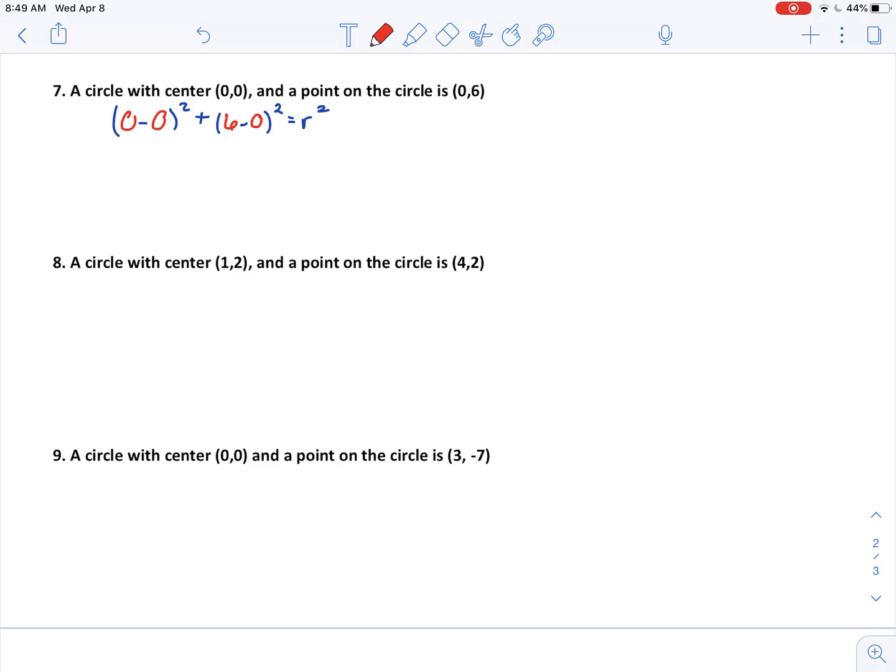So what we're going to do there is we'll substitute the 0 for x because it's the x coordinate, and we will substitute the 6 for y because it's the y coordinate, and we can just simplify and solve. So this is 0 squared plus 6 squared equals r squared.